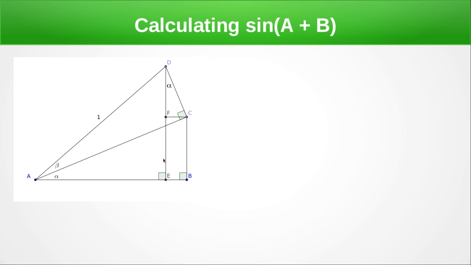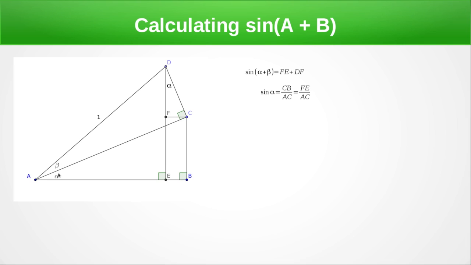So if we look at this triangle here, we can see that sine of alpha plus beta is going to be the opposite over the hypotenuse, where the opposite is FE and DF added together, over 1, and that's why we pick 1, to make that simpler. Okay, so then we've got sine alpha.